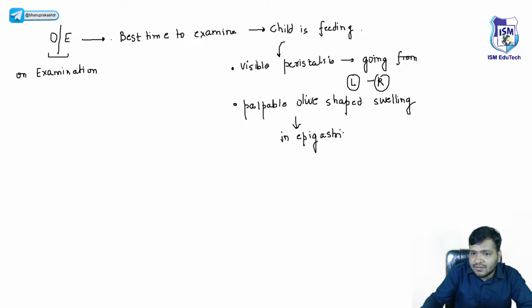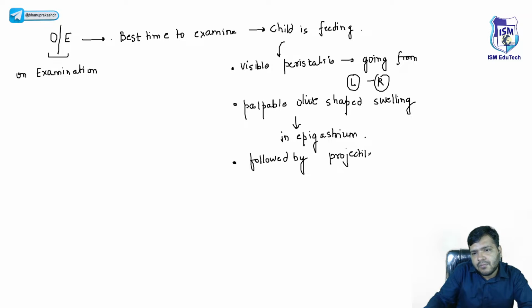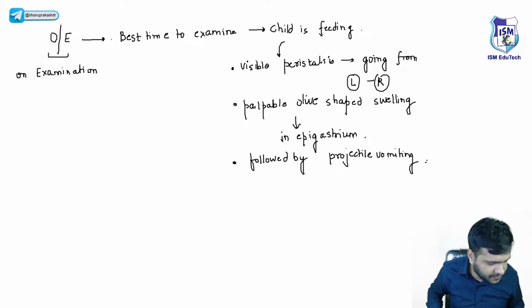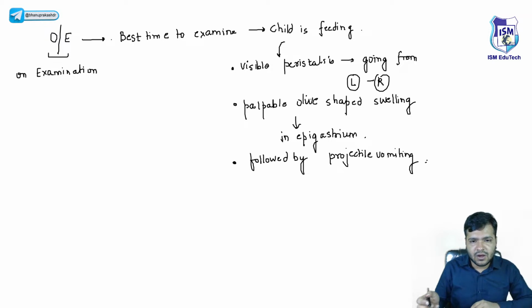So that is the olive shaped swelling that you will encounter in the epigastrium part. And after the feeding, or during the feeding, it will be followed by projectile vomiting. So these are some of what you will encounter on examination.